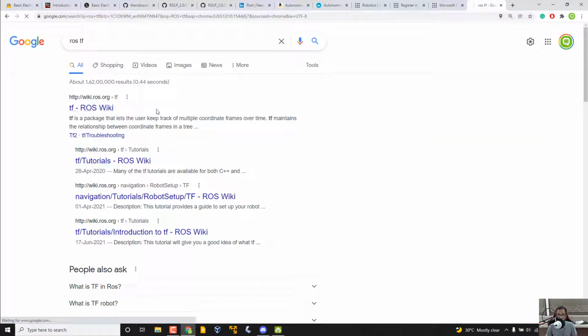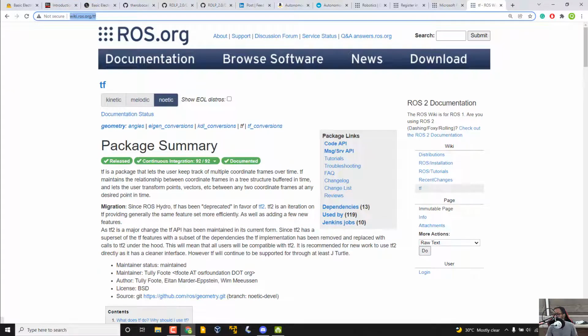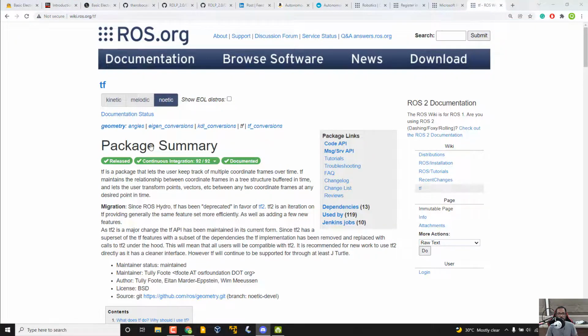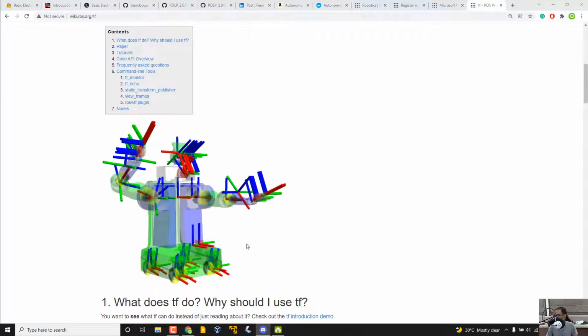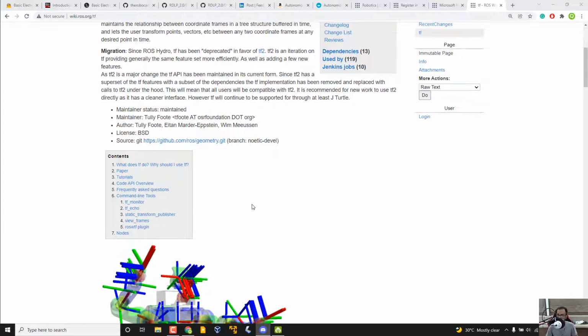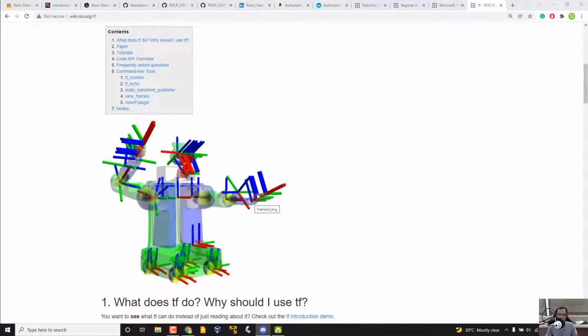There is a thing called TF, so you can directly understand. Just a sec. Yeah, I'm sharing. So you can see the coordinate frames here. This is actually a library in ROS, which is handling the coordinate frames of all the joints in the robot.